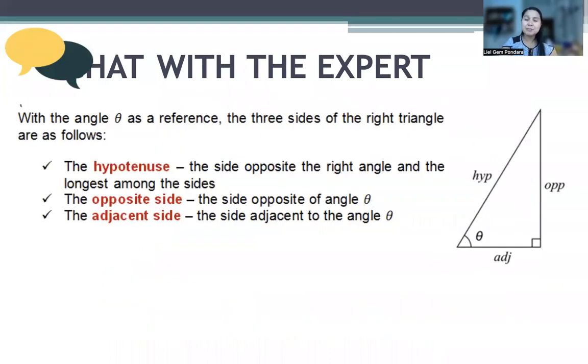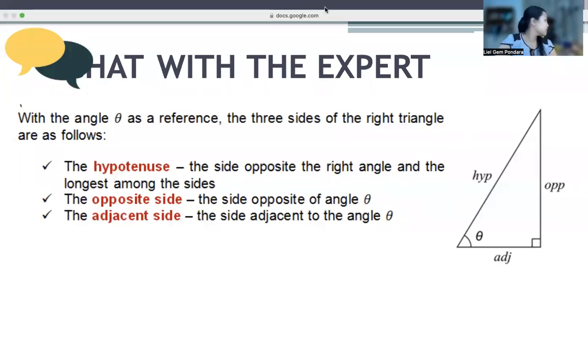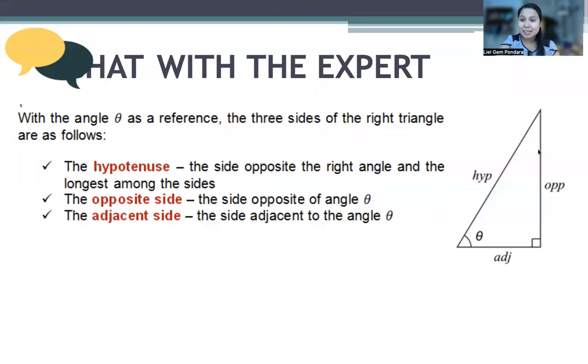Now, let me first orient you with the basic parts of the right triangle. You will see here in a right triangle, for example, if this is the given angle theta, it's a Greek letter. It's the sibling of alpha and beta.